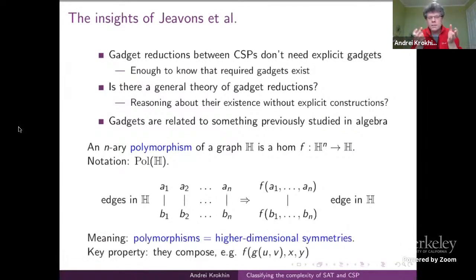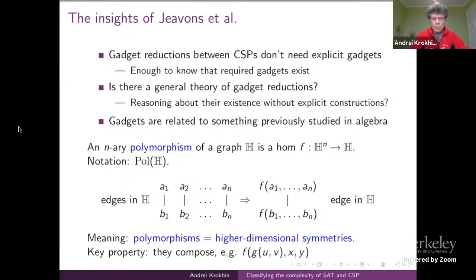So the meaning of this is that polymorphisms are higher dimensional symmetries. If we view automorphisms as symmetries, then endomorphisms are also symmetries that are not necessarily bijective. Polymorphisms are also symmetries, but higher dimensional ones. And it's very important because they carry information about your structure, your graph, that is not contained in the automorphism group or endomorphism monoid.